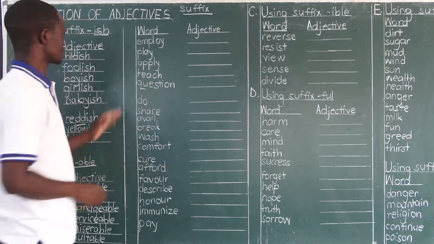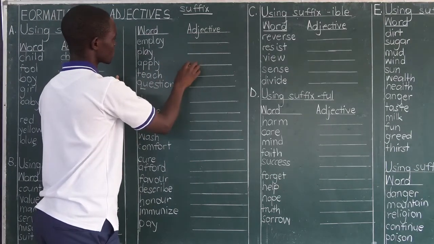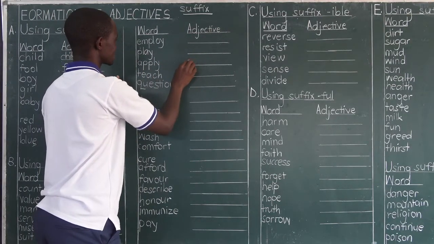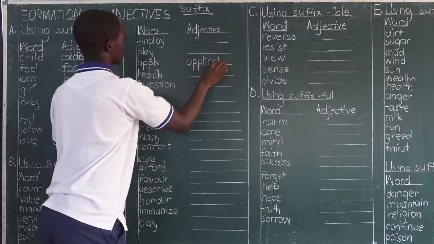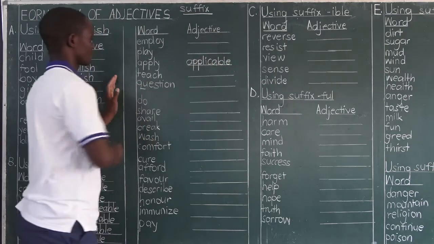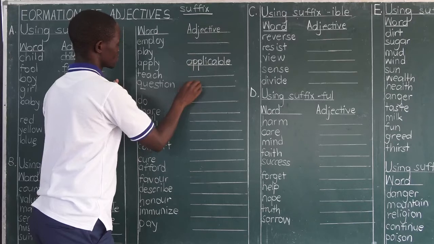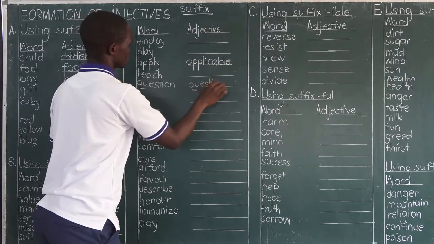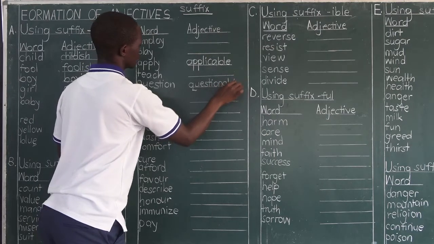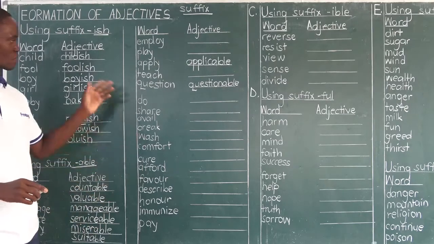Question, you will try. So let's do apply. From apply, we form the adjective, not applicable, but applicable. Okay, let's go ahead to question, which changes to questionable. Questionable is our adjective from question.